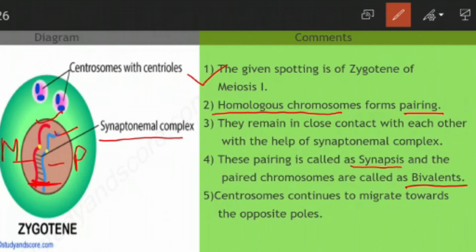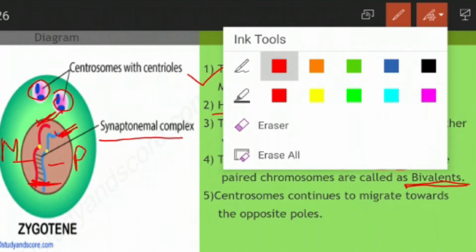With the help of this synaptonemal complex, both homologous chromosomes are in contact with each other, and this pairing is called synapsis. The paired chromosomes are called a bivalent. Now what about the centrosome? The centrosome, which had already started migrating, continues to migrate towards the opposite pole. So here we have completed zygotene.